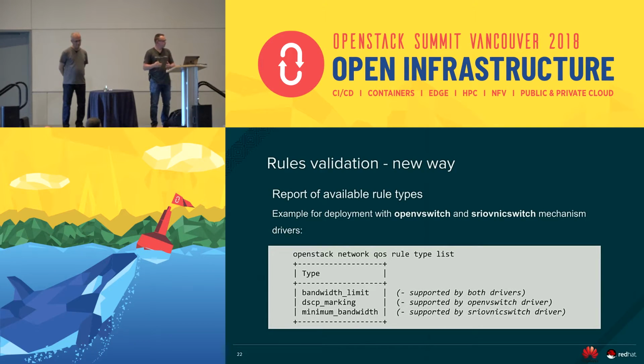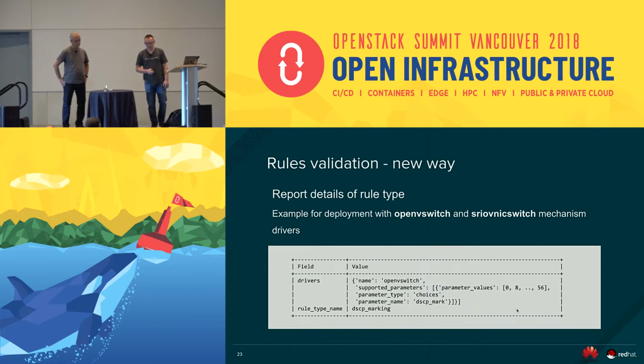First of all, we changed the rule type list call to return rule types which are supported by any of the loaded drivers, not by all of the drivers. And second, we added a new API call to get details about a rule type.